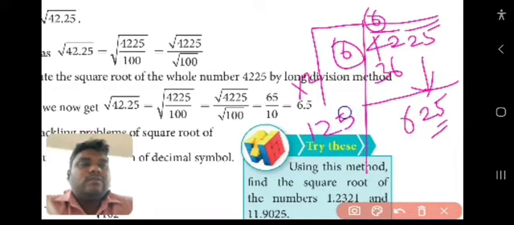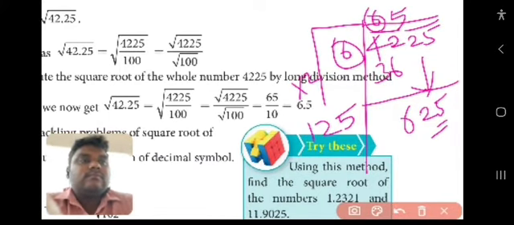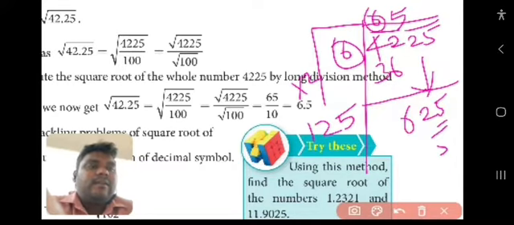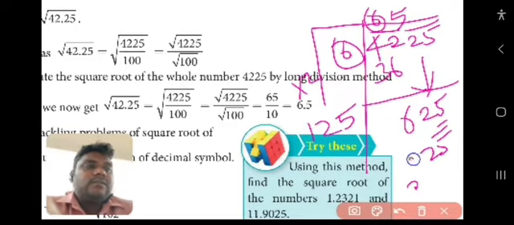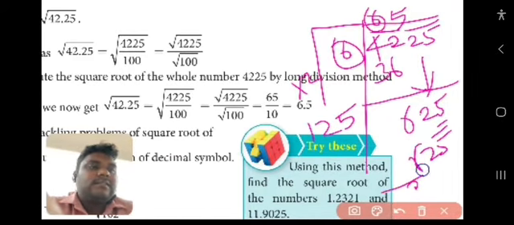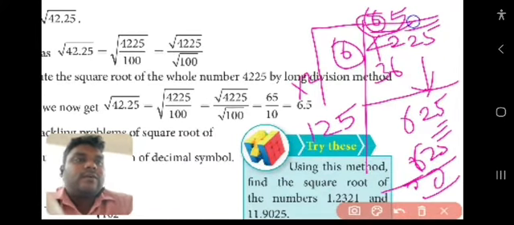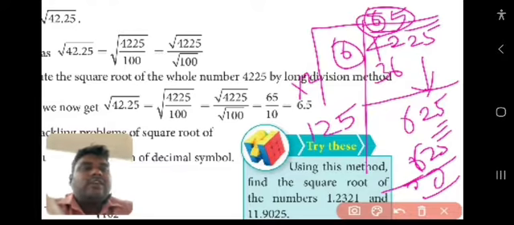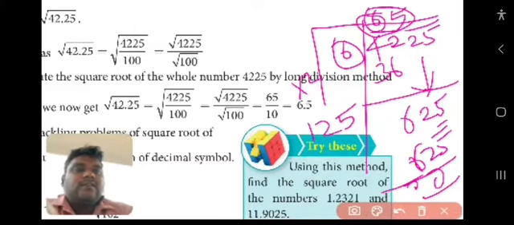I use 5 here. 5 5s are 25, balance 2. 5 2s are 10, 10 plus 2, 12. 5 1s are 5, 5 plus 1, 6. So the remainder is 0. Therefore the square root of 4225 is 65.